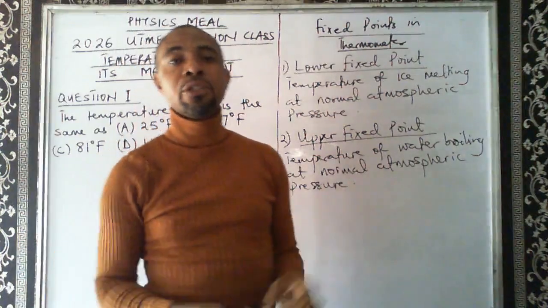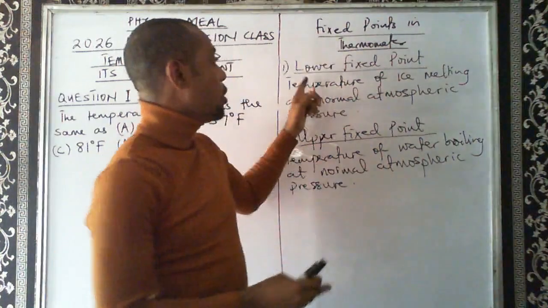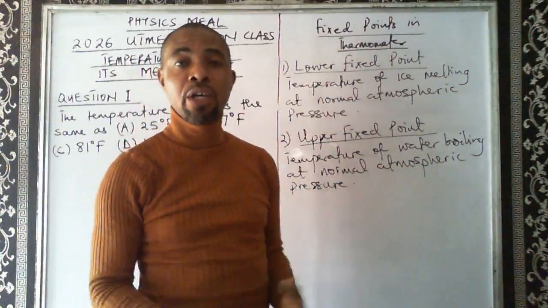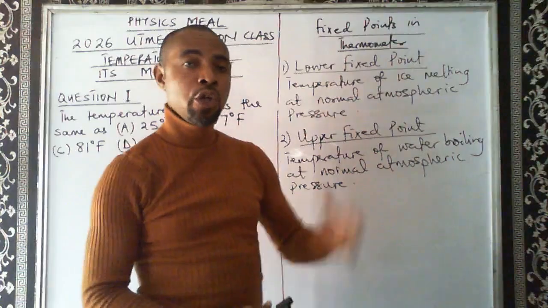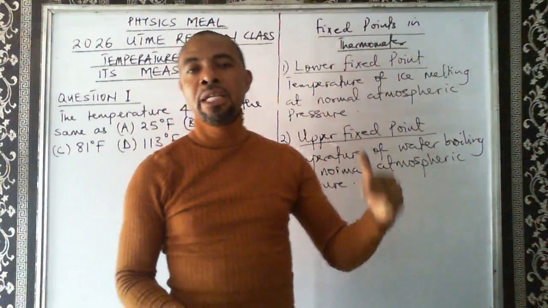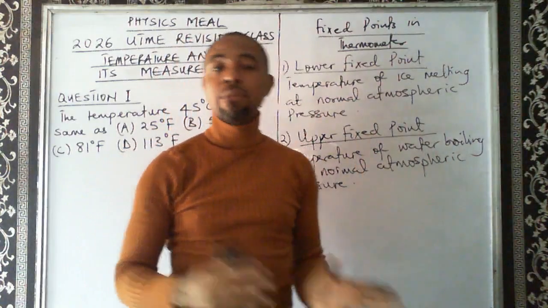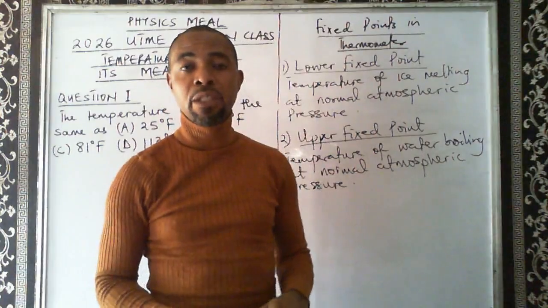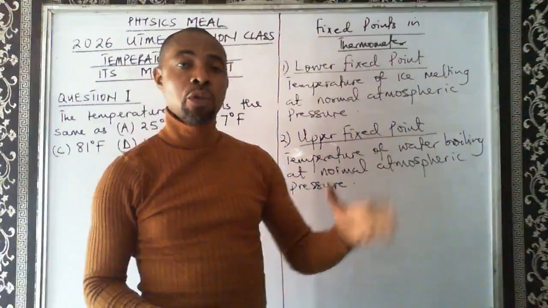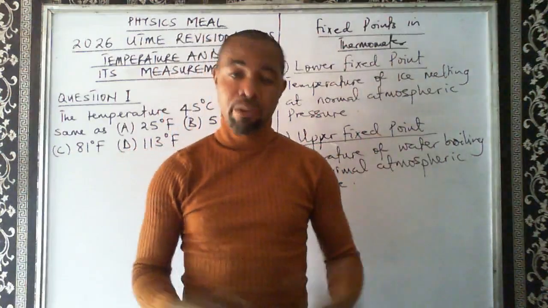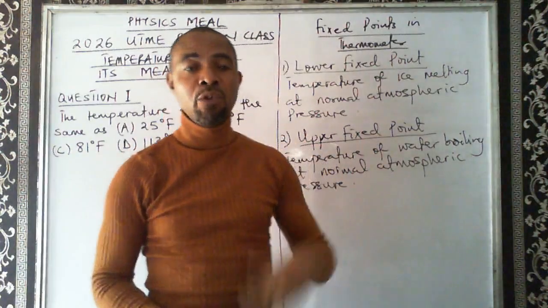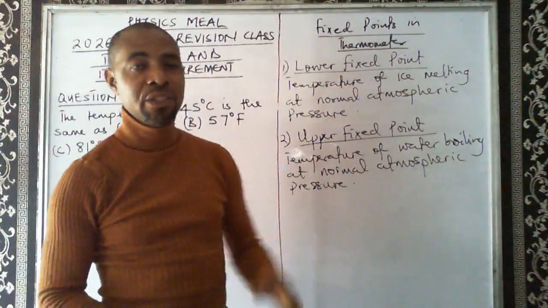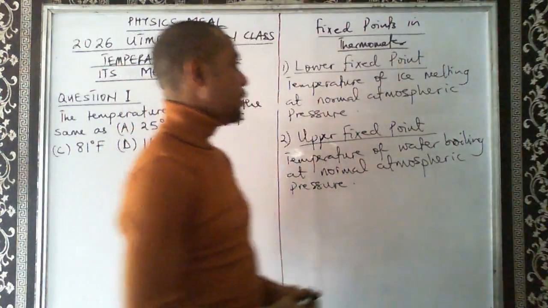These three scales have their own lower fixed point and their own upper fixed point. The upper fixed point in the centigrade scale is not of the same value as that of the Fahrenheit scale, and you cannot expect them to be the same as that of the Kelvin or absolute temperature scale.